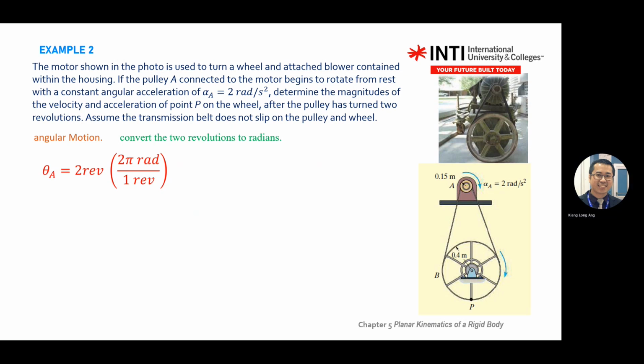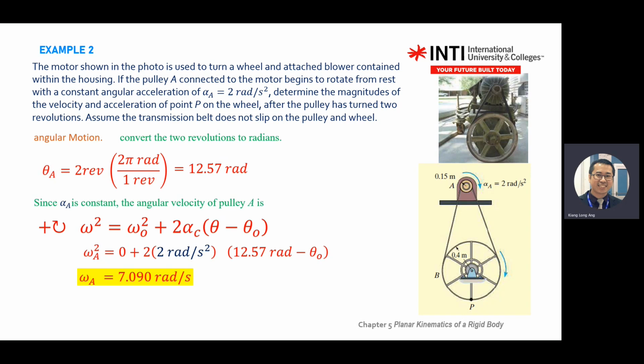It gives you 2 revolutions. How many radian? Not 4. 1 revolution, how many radian? 2 pi radian. So 2 revolutions, how many radian? 4 pi radian. You convert it. Right, 12.75.